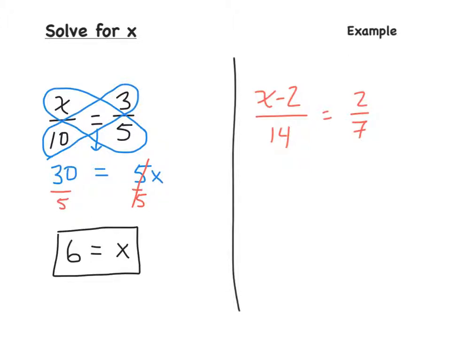Now let's try the problem on the right. Now we have (x minus 2) divided by 14 is equal to 2 divided by 7. Now we are trying to solve for x. So let's do the same thing.